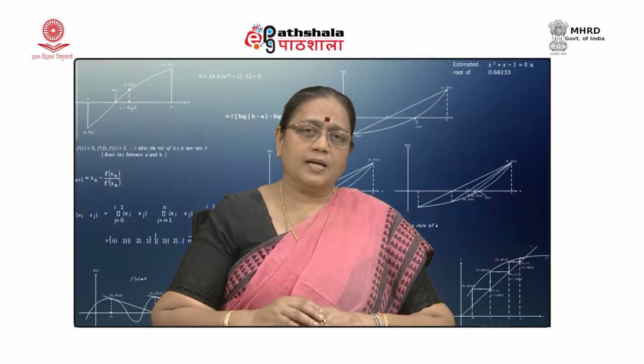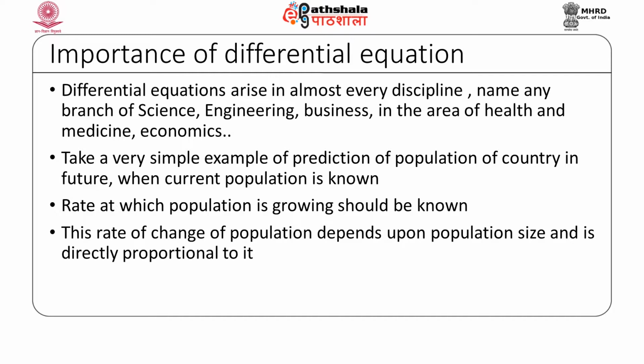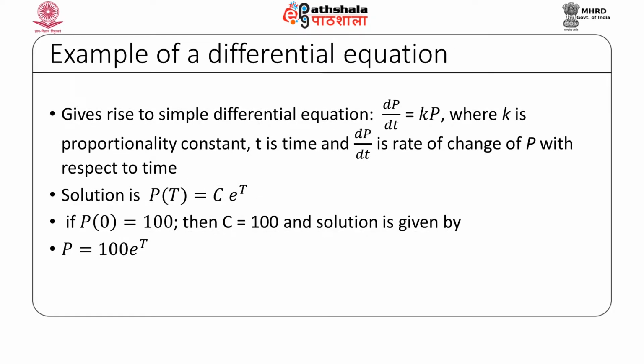We need to know the current population and also we need to know at what rate the population is changing. So, let us denote the population by P, and the rate of change of population with respect to t is dP by dt, the derivative of P with respect to time t.